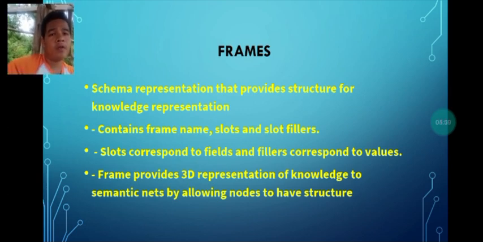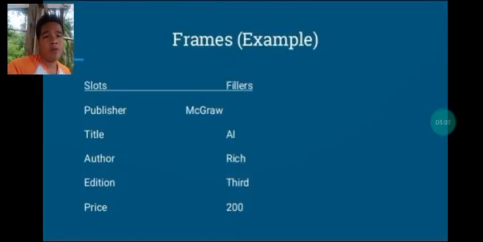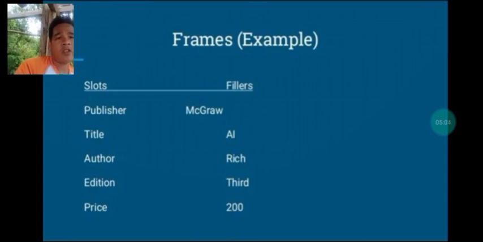Then next is the example of frames. It has slots, and the counterpart of a slot is a filler. The slots are publisher, title, author, edition, price. Then the fillers are Macro, EI, Reach, Third, and the last is 200.